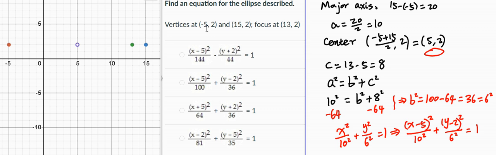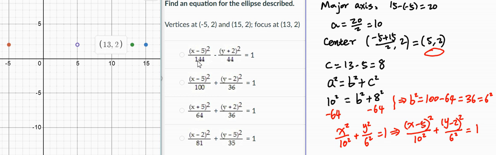We have (-5, 2) here, first point, (15, 2), so this point. That's 2 vertices. And we are given one focus is (13, 2). That's right here, (13, 2).